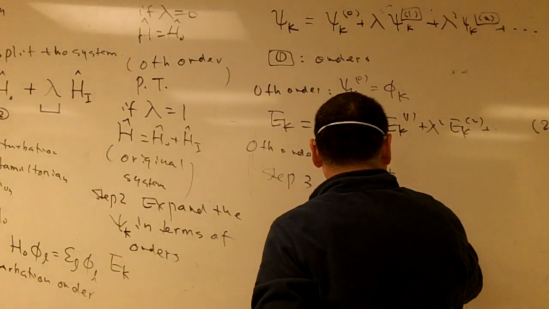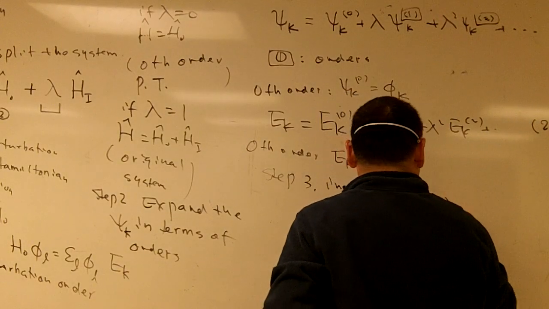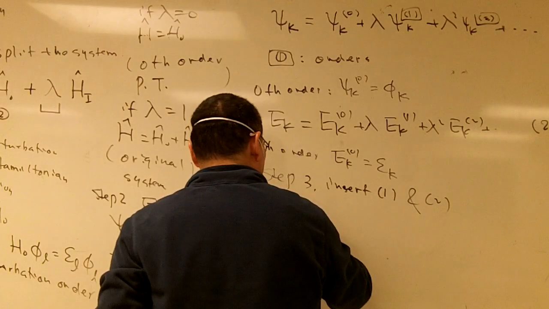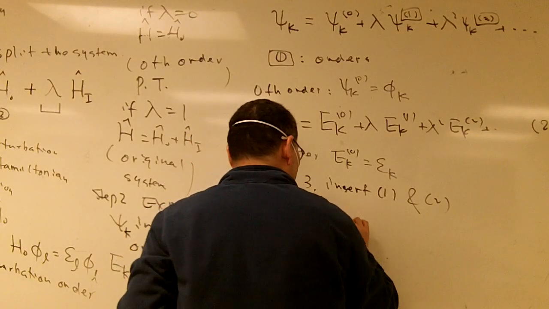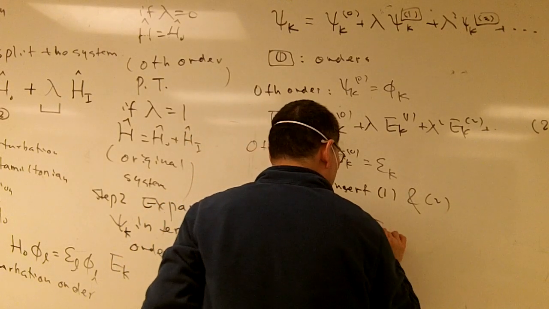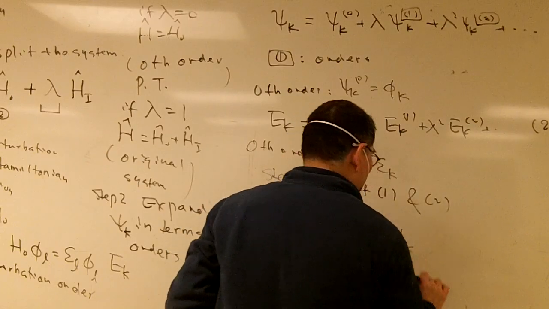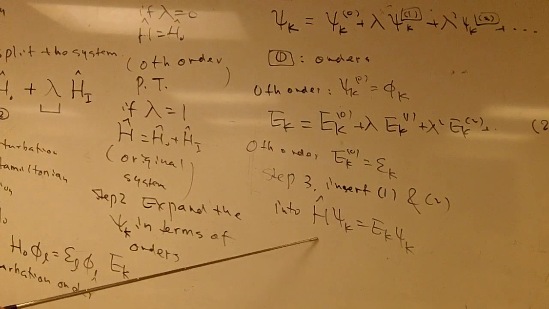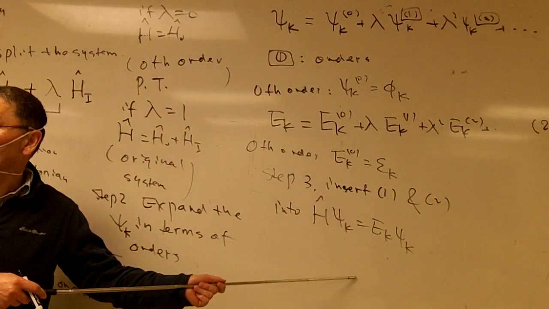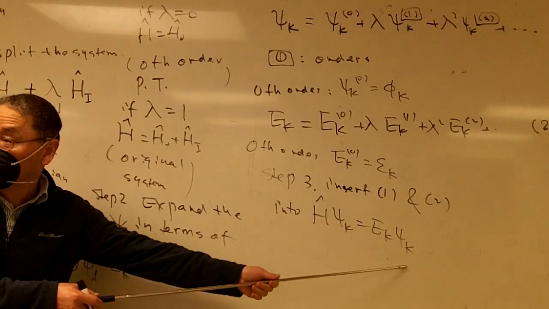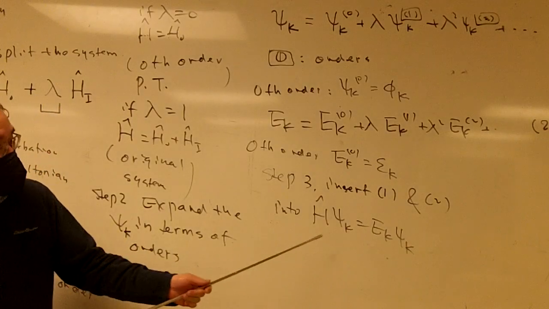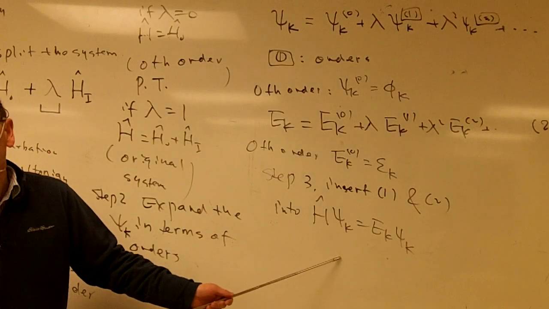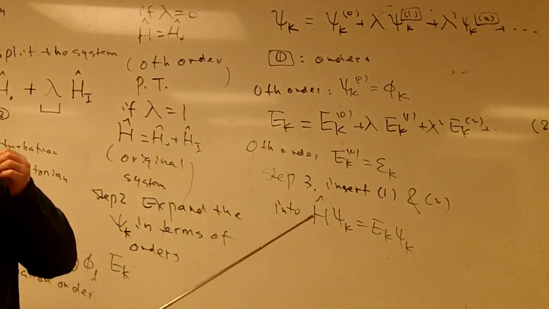So we insert 1 and 2 into H hat psi k equals E k psi k. The last equation, Toby, probably you're looking at, this is just our wish list, which is the eigenstate equation. We didn't solve it; this is our wish list.